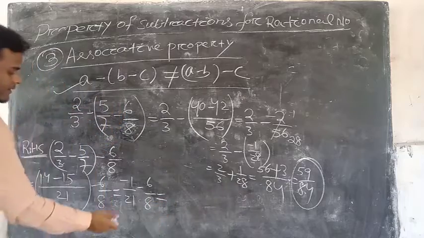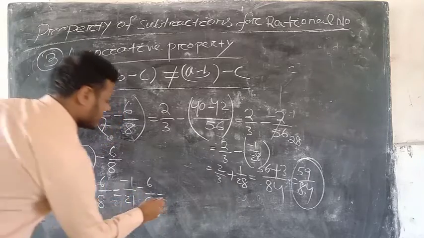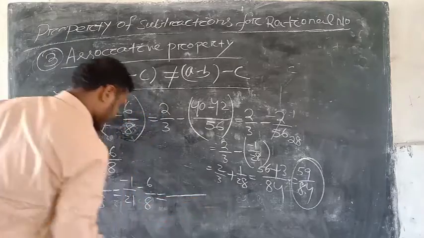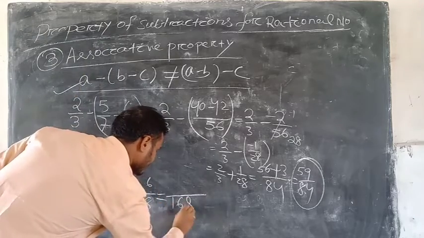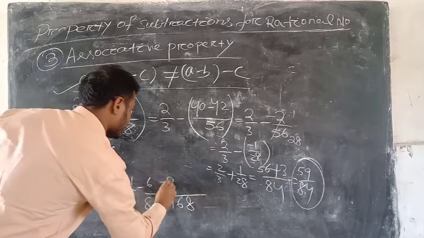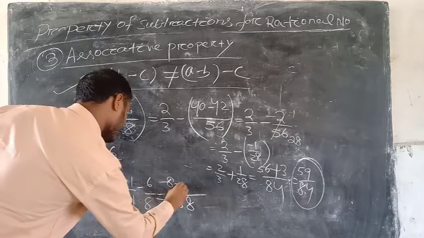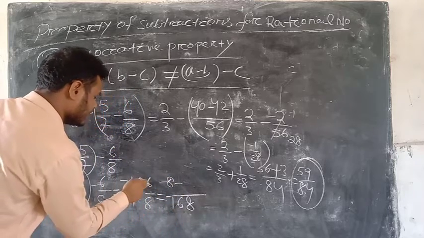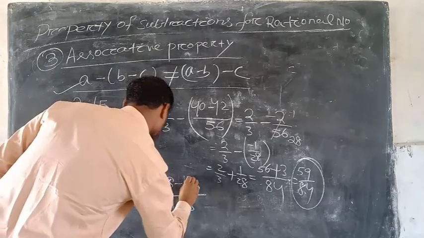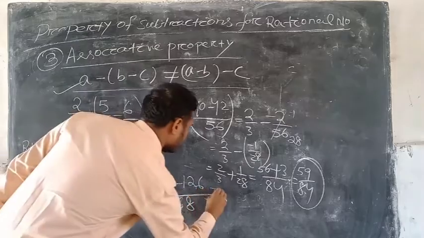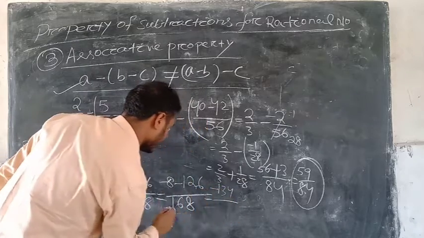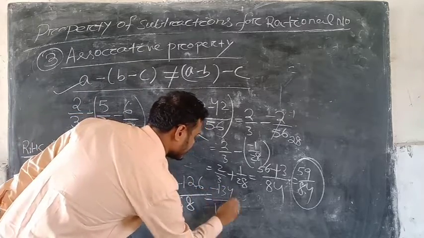I will take the LCM of 21 and 8, which will be 168. This will be minus 8 minus 126, which is equal to minus 134/168.